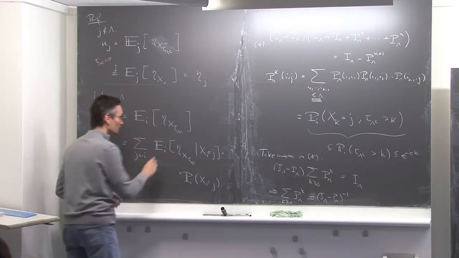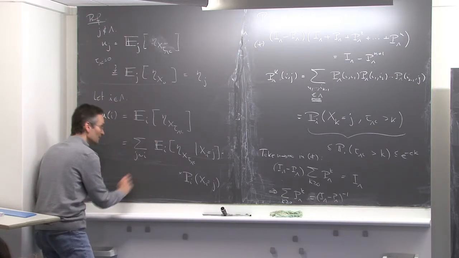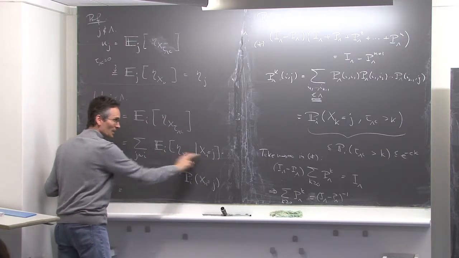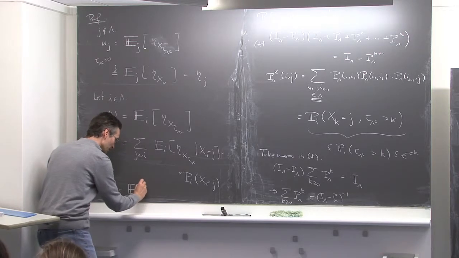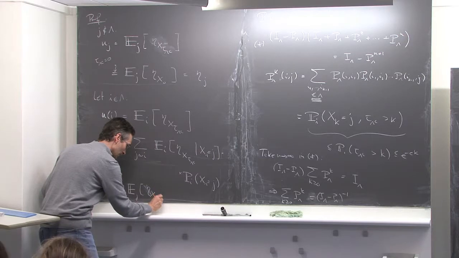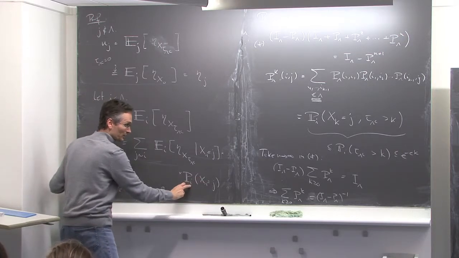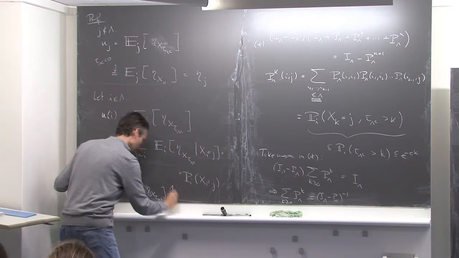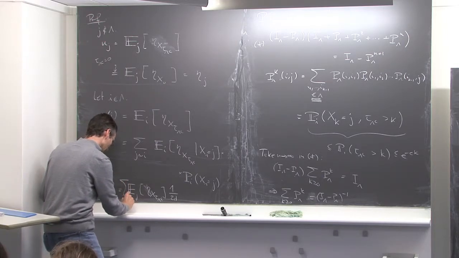Let me write it here because it's so trivial. By the Markov property, this is just the expected value starting at j of the same thing: the expected value starting at j of eta of x tau lambda complement, multiplied by the probability 1 over 2d of jumping to this point, and the sum over j neighboring i.